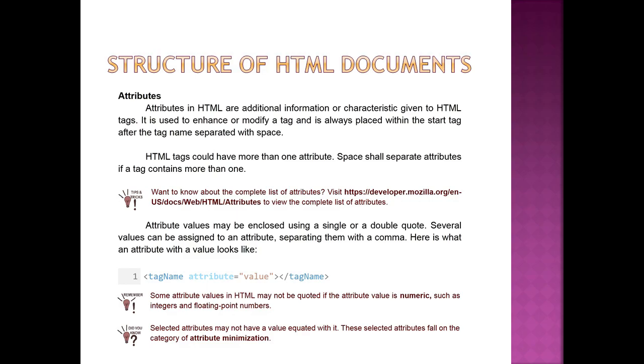We can also add multiple values in a single attribute. For example, we have a style attribute on an HTML tag, so we can use it to add some styles in a single value.